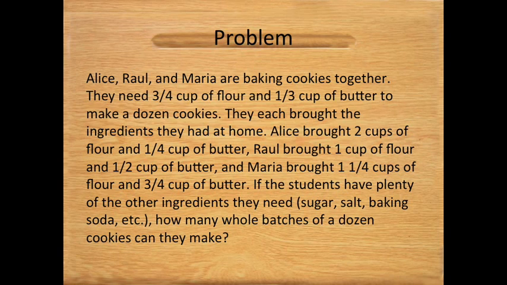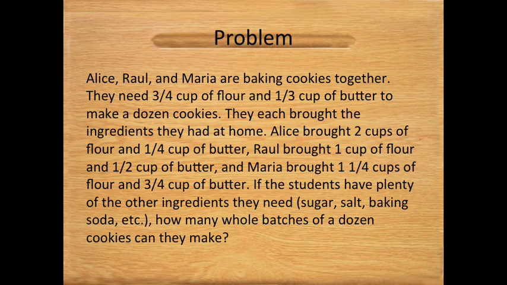Well, the ratio here, if we're looking at this problem, is 3/4 cup of flour to 1/3 cup of butter. So there's the ratio. So if we look at all of the ingredients, how can we maintain that ratio of 3/4 cup of flour to 1/3 cup of butter in order to make these cookies?